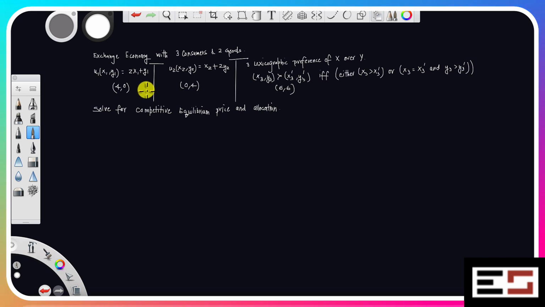So both prices must be positive. If the competitive equilibrium exists at all, both prices must be strictly positive.